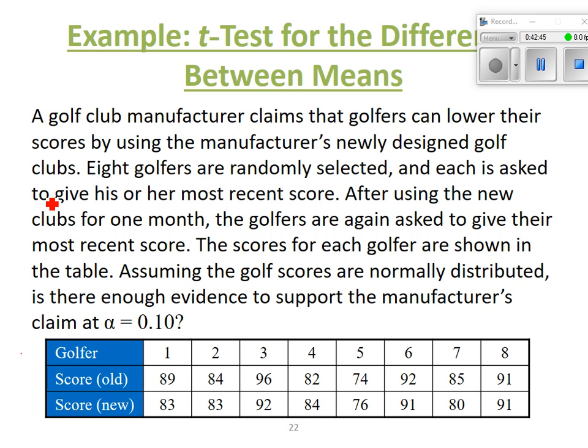Our alpha was 10%. How are we going to find our DF? N minus 1. What is N this time? 8, right? How many golfers are in each set? 8. So what's 8 minus 1?